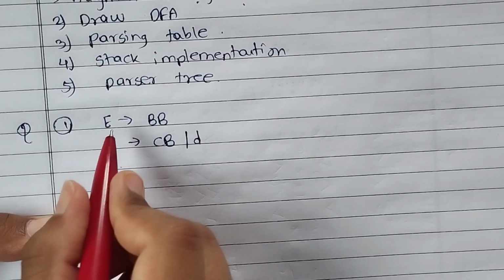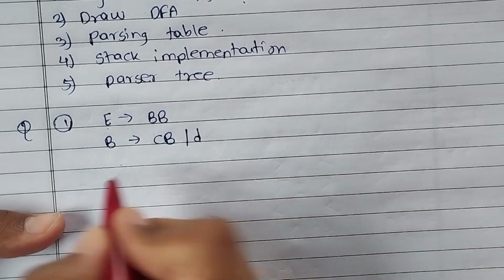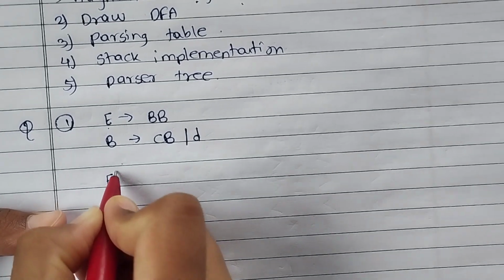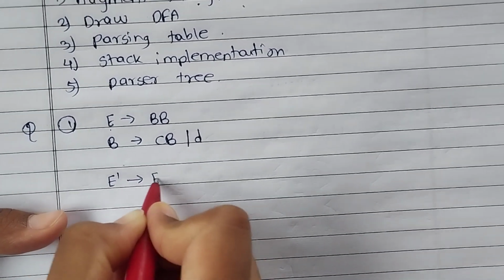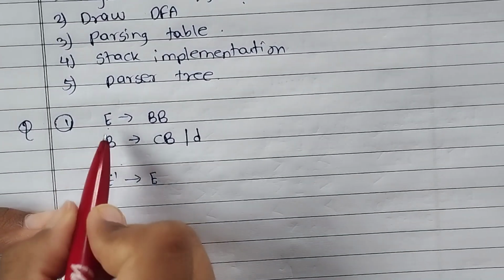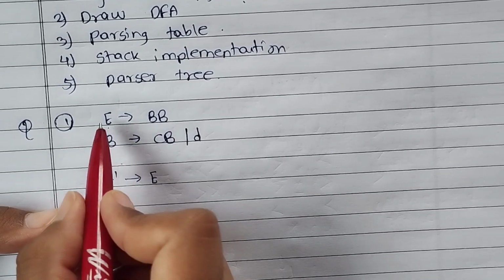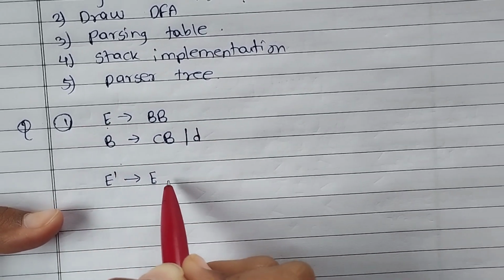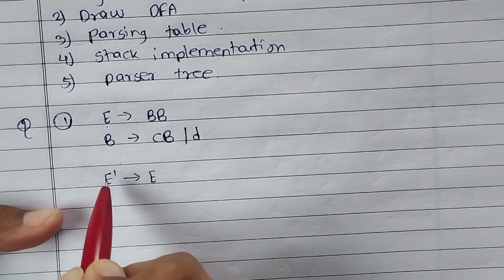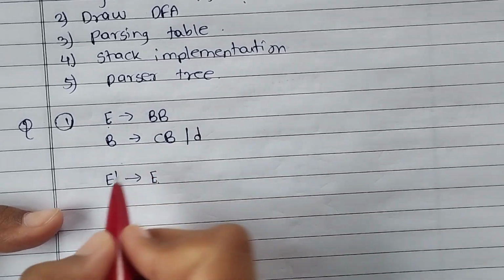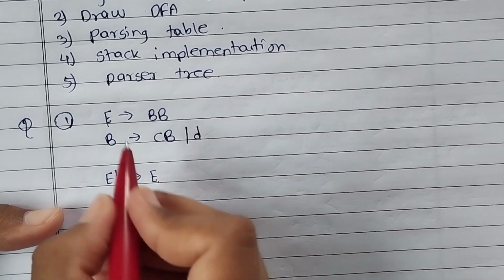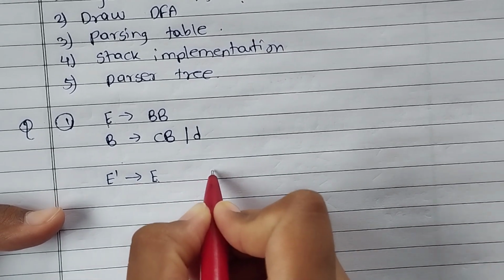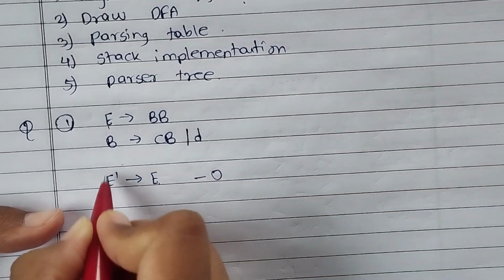First, the starting symbol is E. Then consider E' → E. Whatever the starting symbol, if S is the starting symbol, then we write S' → S. Now for this grammar, E' → E, because the starting symbol is E, and the number is 0 for this.